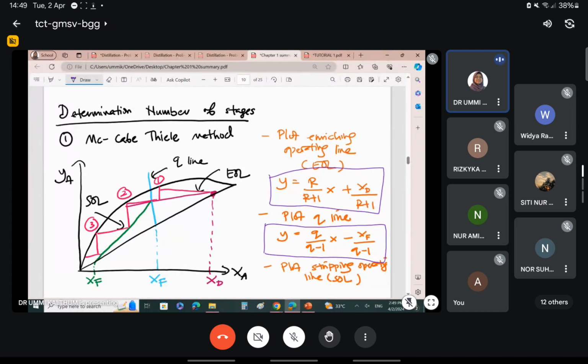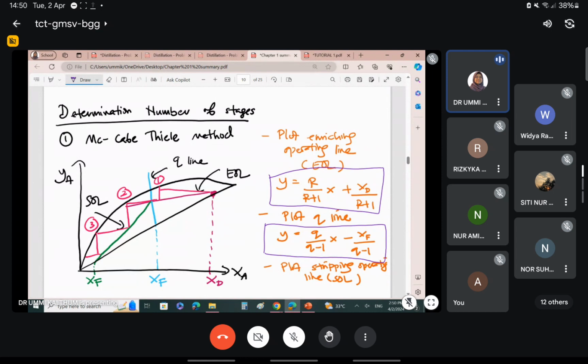So q sama dengan berapa? q sama dengan 1. q enter at its boiling point or saturated liquid. Okay, feed enter at boiling point or a saturated liquid. So q is equal to 1.